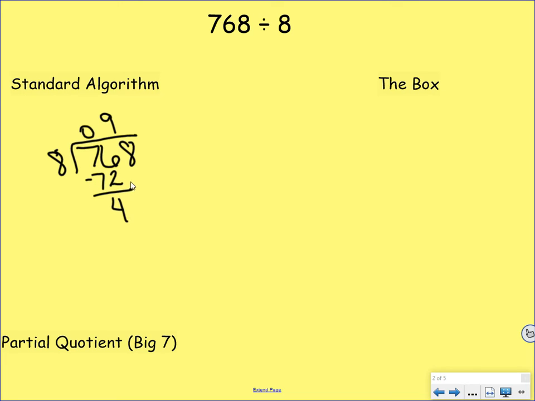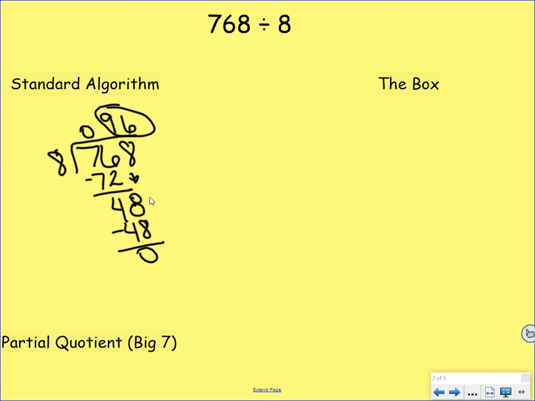I get my 4, I bring down my 8, and now I have 48. How many times does 8 go into 48? 6 times. 6 times 8 is 48. And then I have nothing left. I have no more to bring down, so I know my answer is 96.